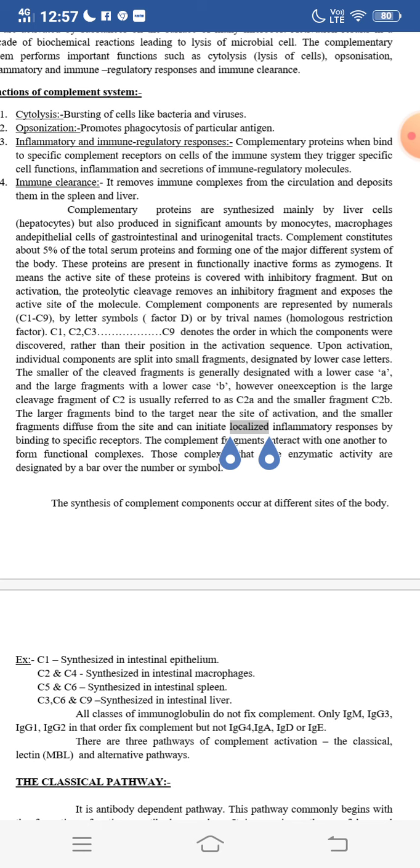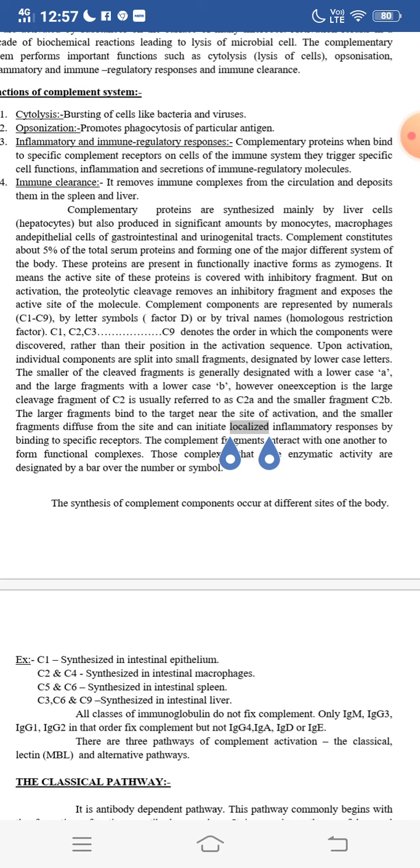So larger fragments will always be denoted by b. Actually, when this complement set of proteins is present in the circulatory fluid in the inactive form and comes in contact with any antigen, pathogen, bacteria or viruses, it gets activated and is broken down into two types of fragments, small fragments and larger fragments.